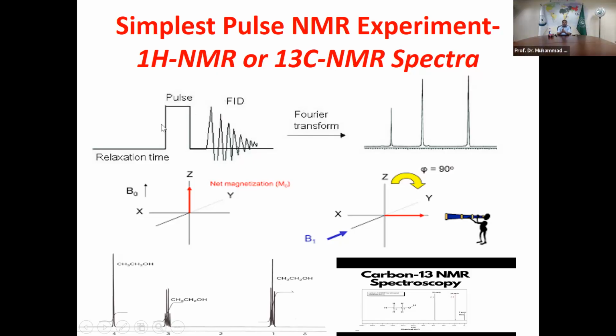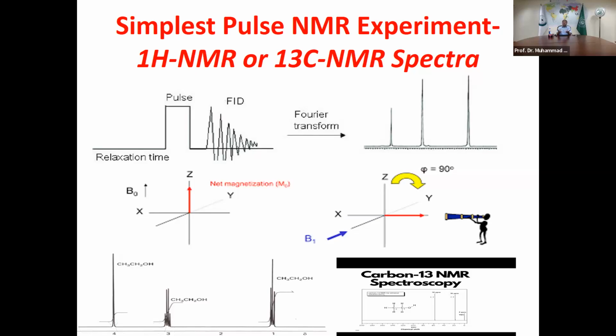Okay, so in modern NMR spectroscopy, the pulse sequences are presented in diagrams like this. So, you give a relaxation time, you give a 90x pulse. Turn on the pulse, turn off the pulse, wait for a while, it becomes decoherent, turn on the detector, you get free induction decay, FID, as many FIDs as the protons.